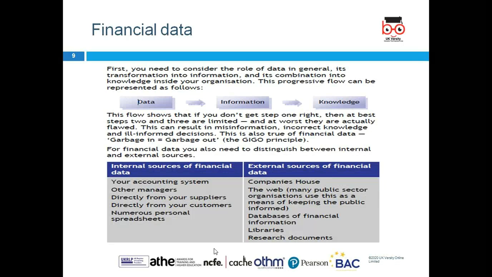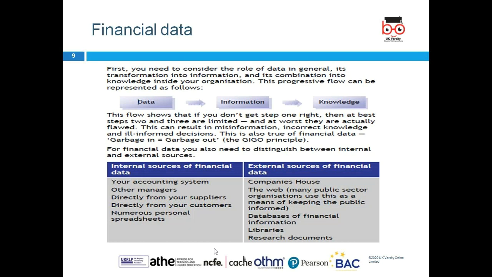As internal sources, your accounting system, CRM system, customer relationship management system, ERP, enterprise resource planning system, various systems provide us internal sources of data. Managers can buy things directly from one supplier. If we have supplier data, if we have customer data, we can promote products.